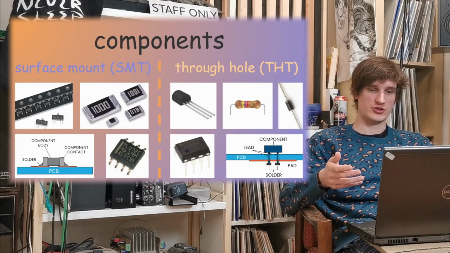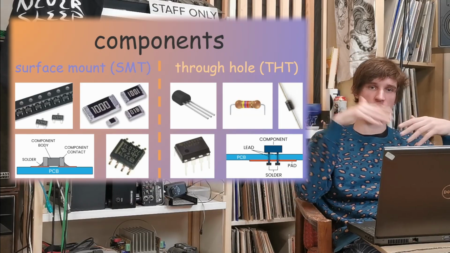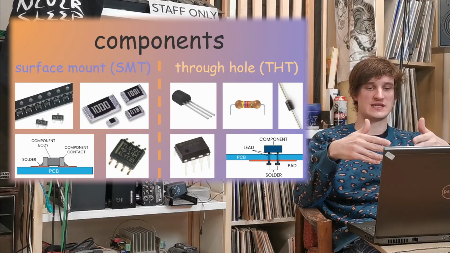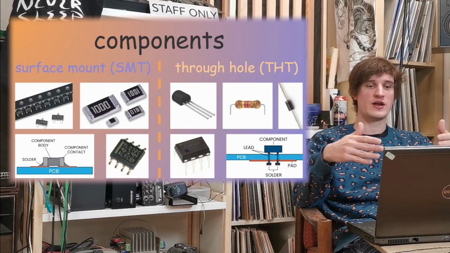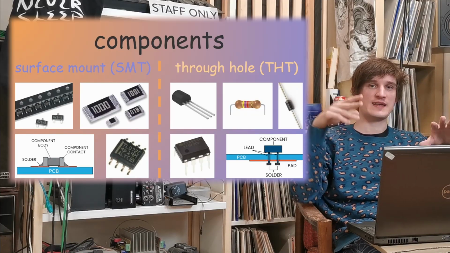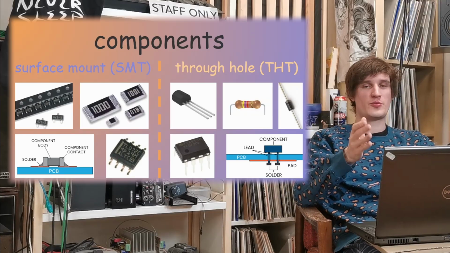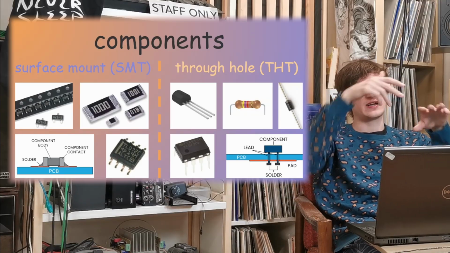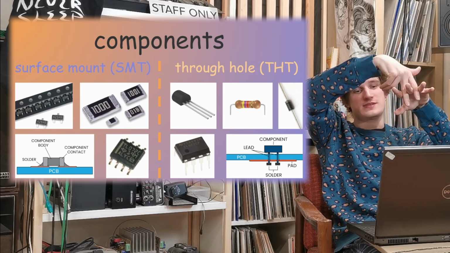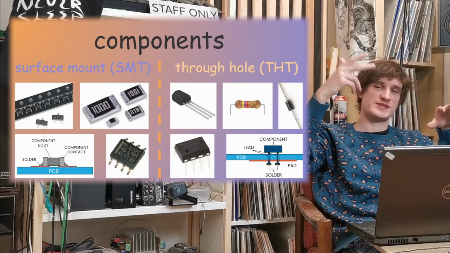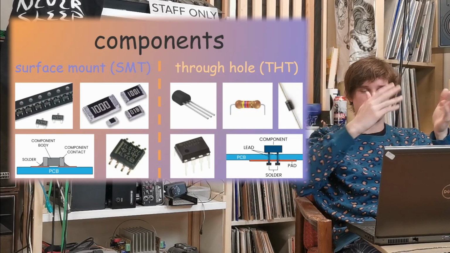It's a bit older technology, and here to solder the part to the PCB, we have those legs. Every through-hole component has its leads, and those leads go through the board. That's why we call it through-hole. So essentially, with through-hole components, your board needs to have holes to fit the components. Just take the leads, place them through the hole and then solder them.